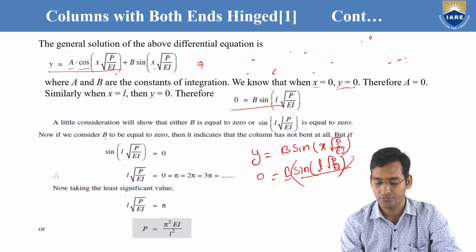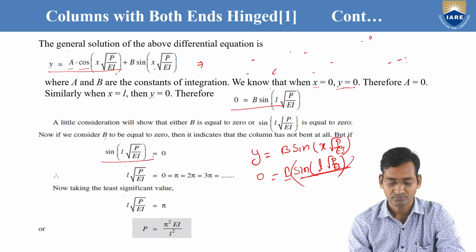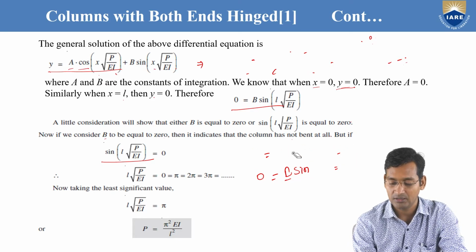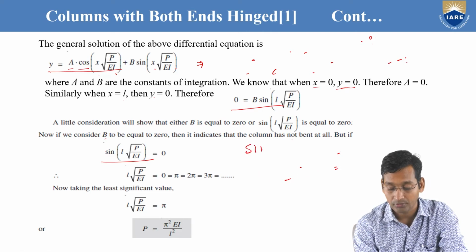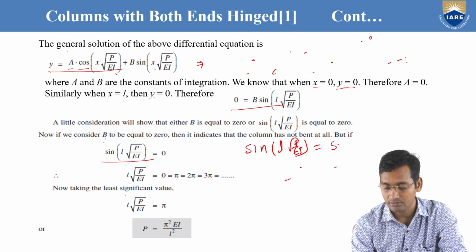So what is 0? Then sine of L root P by EI is 0. Okay, so now what we can write this as? From here we have to find this one. So sine(L root P by EI) equals 0. So instead of 0, can we write this as sine pi or sine 0, sine pi, sine 2 pi, and so on, right?